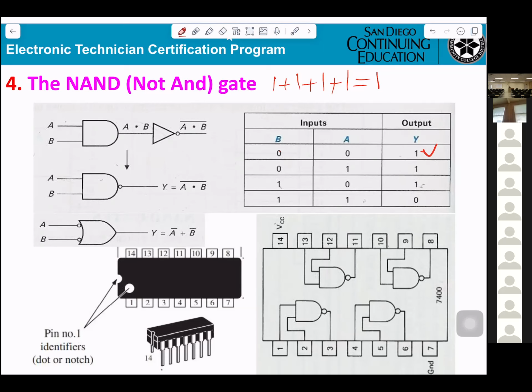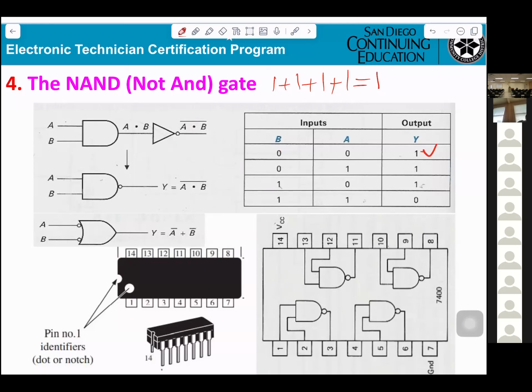So that's why when you connect A to 1, B to 1, or C to 1, that means A connects to 5 volt, B connects to 5 volt, or C connects to 5 volt.